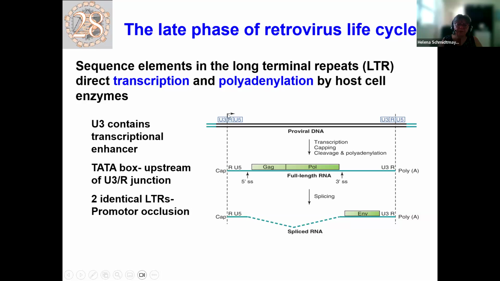And upstream of the U3R junction, there is a TATA box, which you recall is very important for general transcription machinery to anneal. Transcription generates mRNA. GAG-POL mRNAs, you recall, are unspliced, but envelope mRNA is spliced, okay?